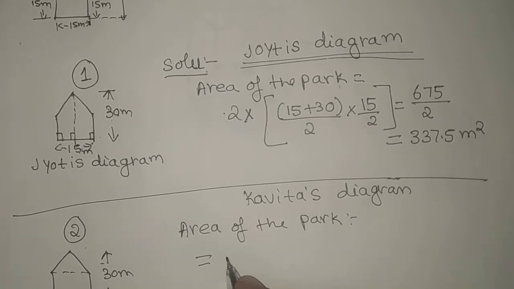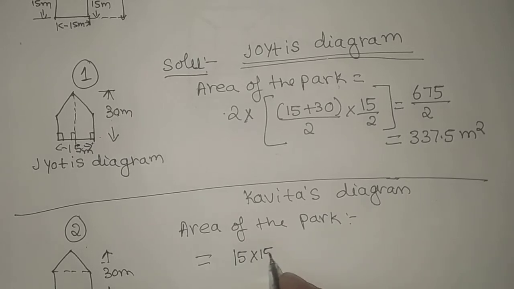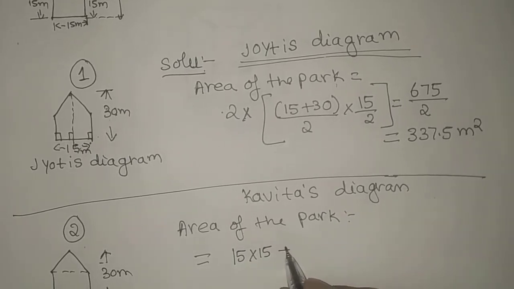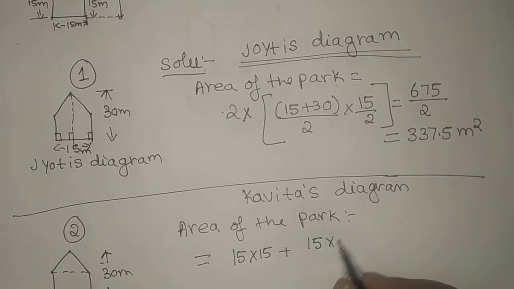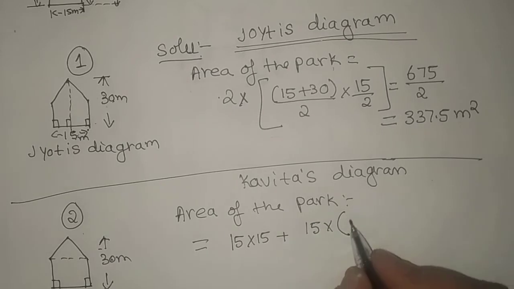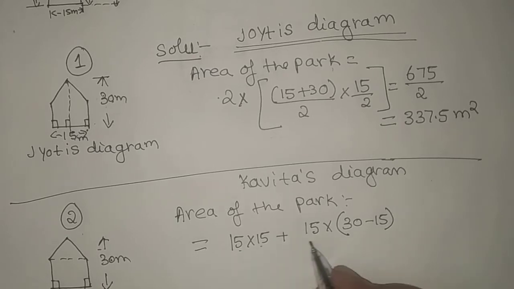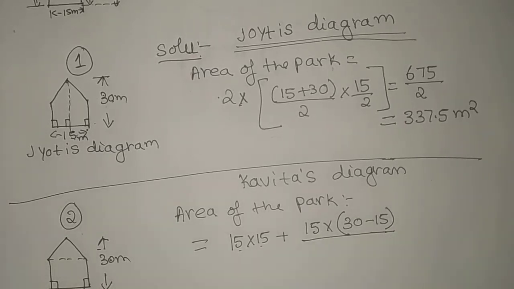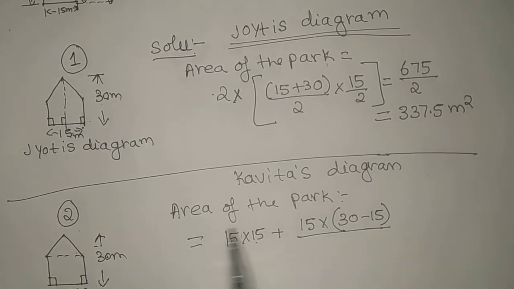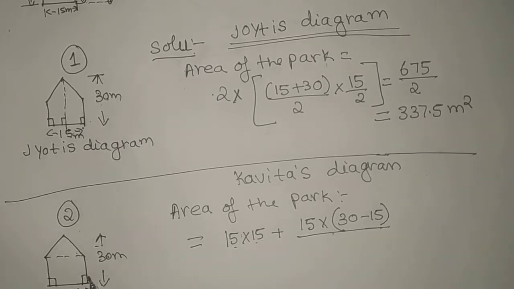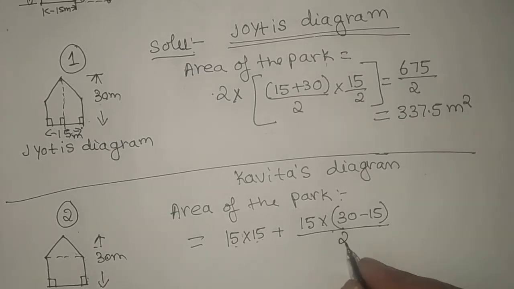So here how to write is, first 15 into 15 we have to write, this base 15 into 15, plus 15 into 30 minus 15, the whole thing divided by 2.